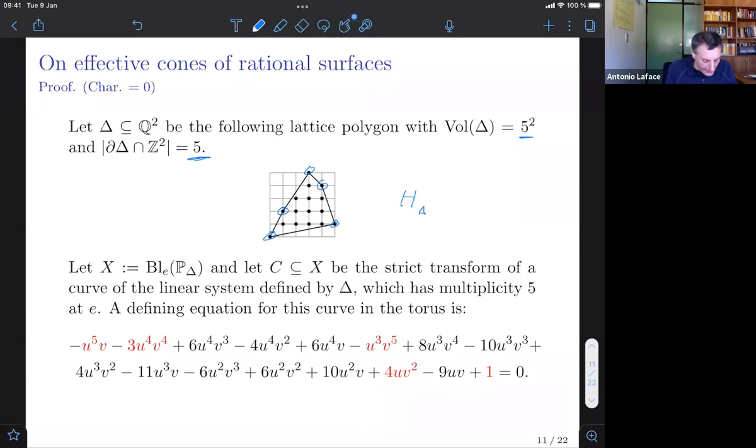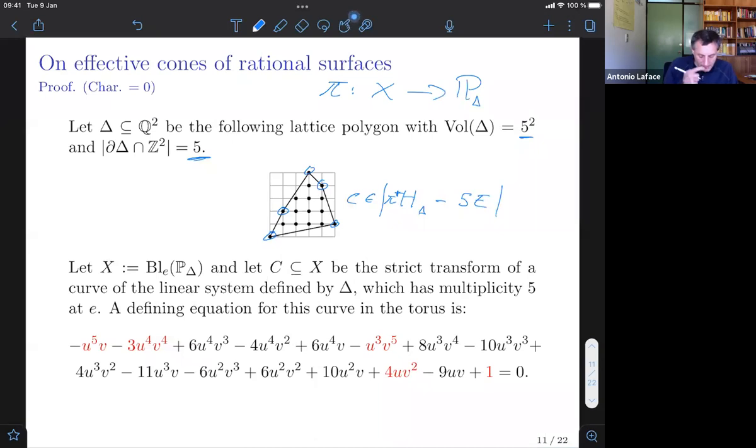And then I take X, which is the blow-up of P_Delta at this general point. And I take C, which is an element of the linear system pi^* of H_Delta minus 5E, where pi is just the blow-up of P_Delta at the point E.